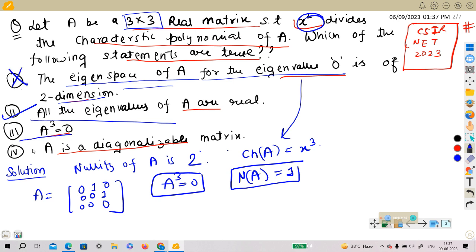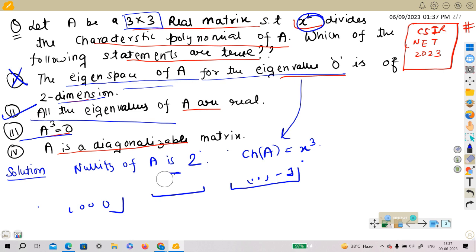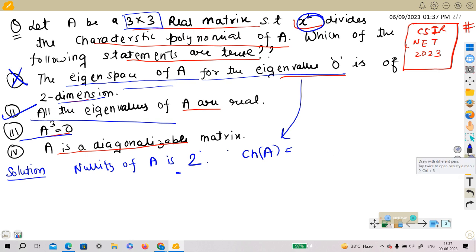The third may or may not be true because we have an example, but it is not always possible that every matrix looks like this. We can give a very easy example. All we need is that x squared divides the characteristic polynomial. So we can have a characteristic polynomial like x square into x minus 1.